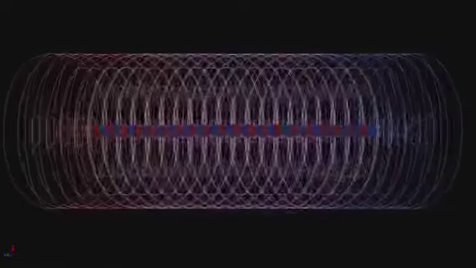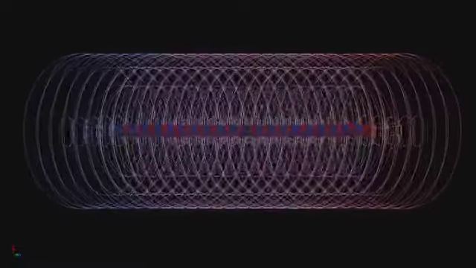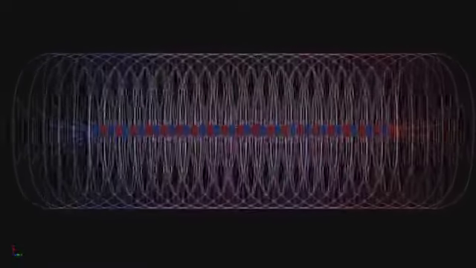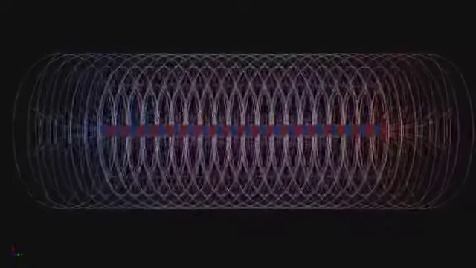So you could think of the Sun as a giant photon. Again, we have a single photon with its extended electromagnetic fields.